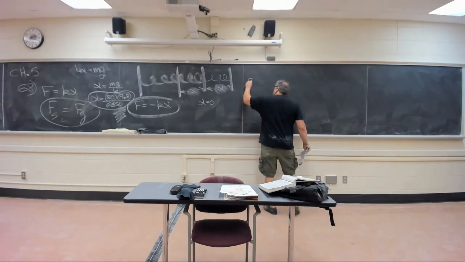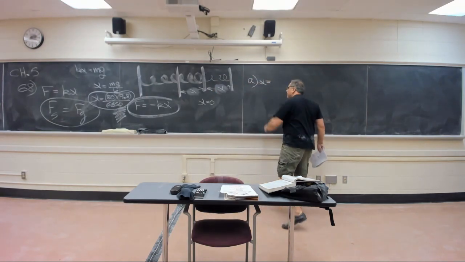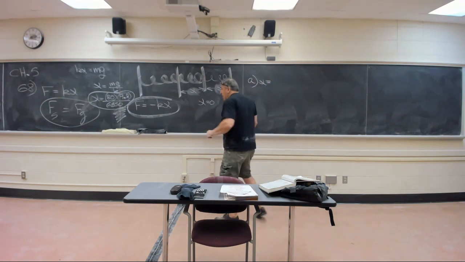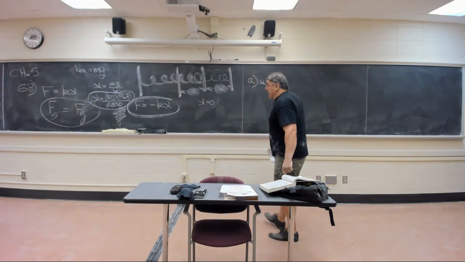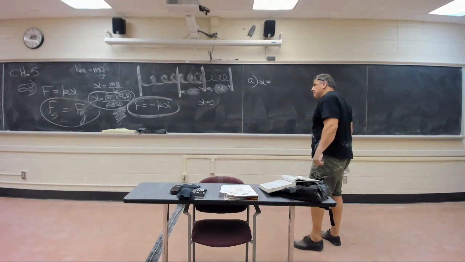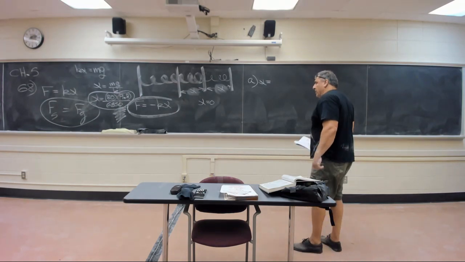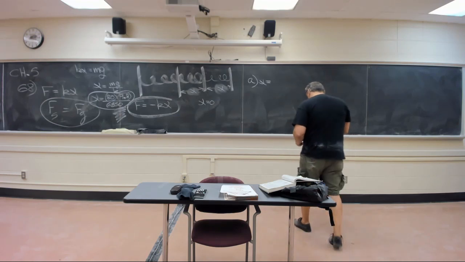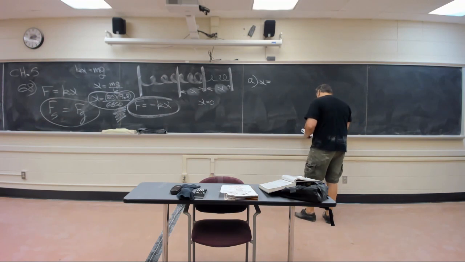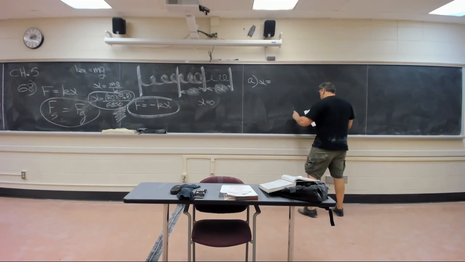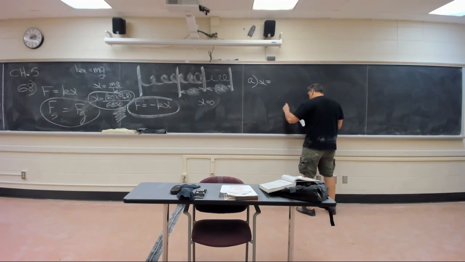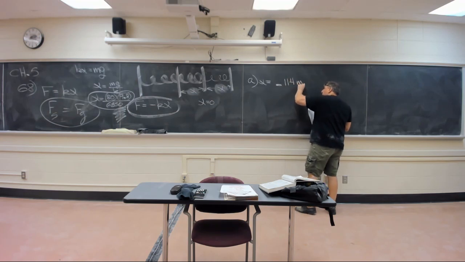Well, for A, 80 times 9.8, it's going to be 784 divided by 6850. Let me see here for sure. Yeah, right. 784 divided by 6850, it's going to be for A, 0.114 meters.